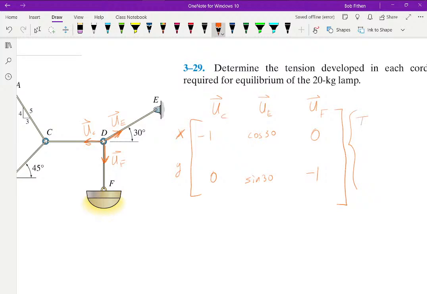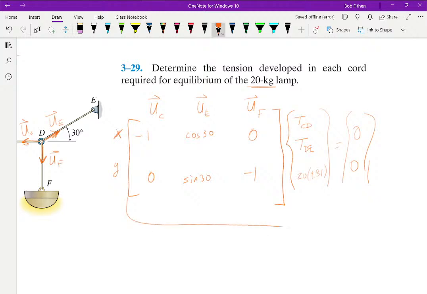Tension in CD. I'm going to identify both ends here. Tension E, which is DE, and then tension in F. But it's 20 kilograms, so I can just go in here, 20 kilograms times 9.81, and this has got to be equal to 0.